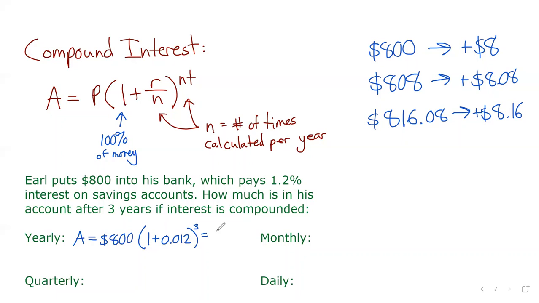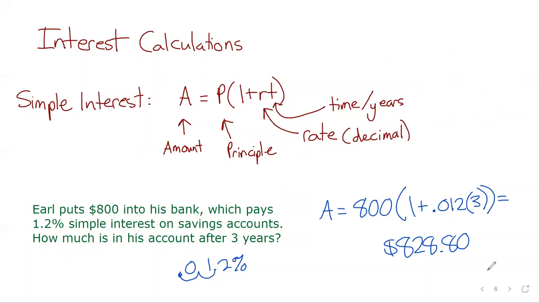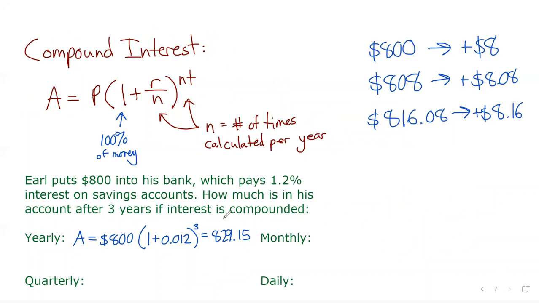And that ends up being 829.15. Remember, when we did simple interest, we got 828.80. So this makes sense that if you also earn interest on not just the principal, but also this amount that got put in and this amount that got put in, of course you're going to end up with a little bit more money.